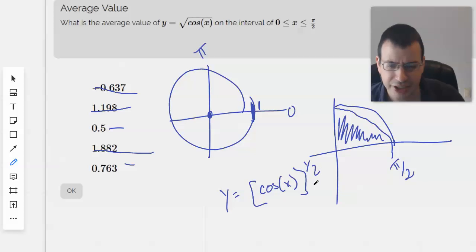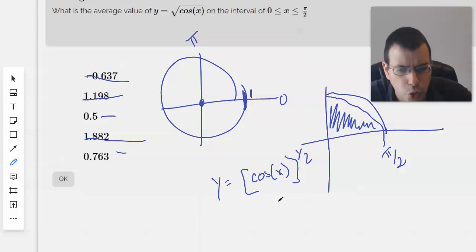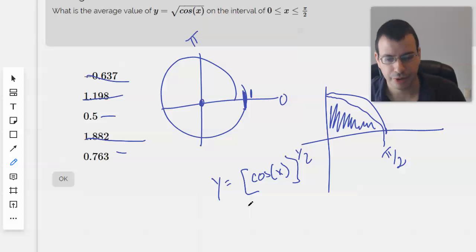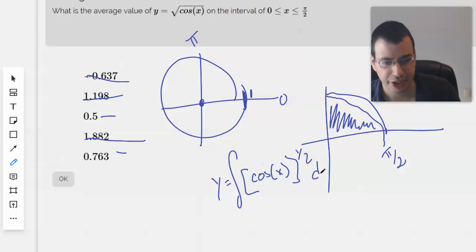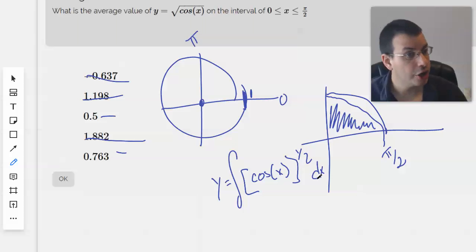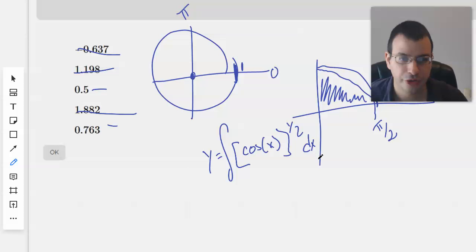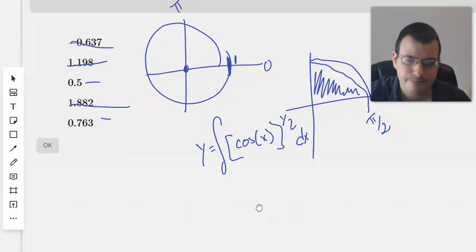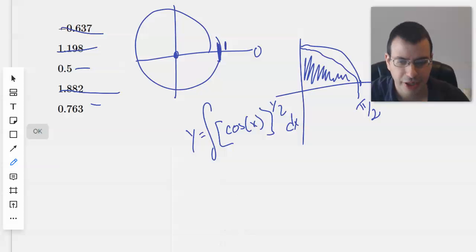There really isn't an easy way to do this integral dx, because we want to find the area under the curve. So we're going to find the area under the curve and then divide by pi over 2 because that's the length. Yep, we're just going to plug it in the calculator.